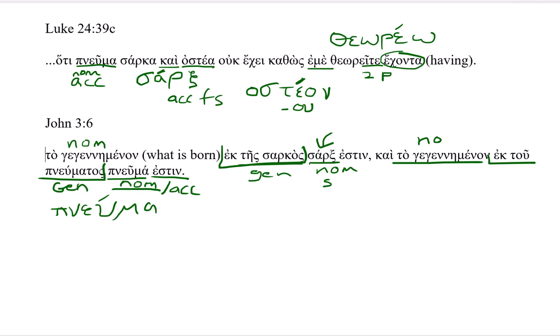This is also nominative. So what is born is being linked to spirit with the word estin. So what is born out of spirit, spirit is, or is spirit. So the thing that is born out of the flesh is flesh, and the thing that is born out of the spirit is spirit. So some practice with dealing with third declension nouns.